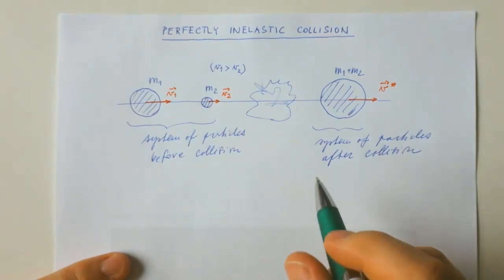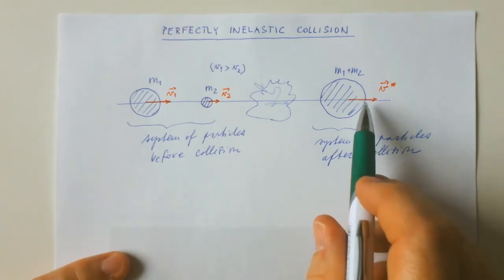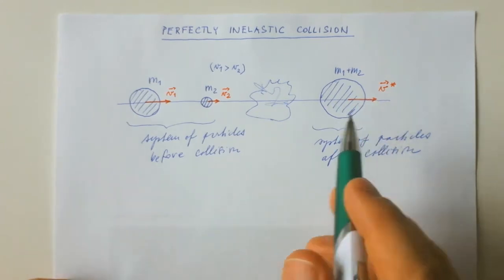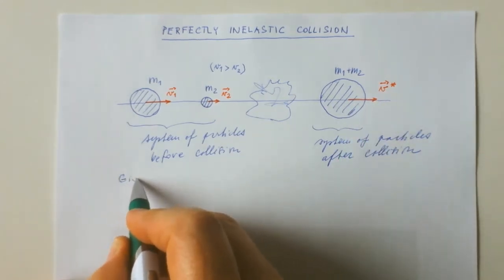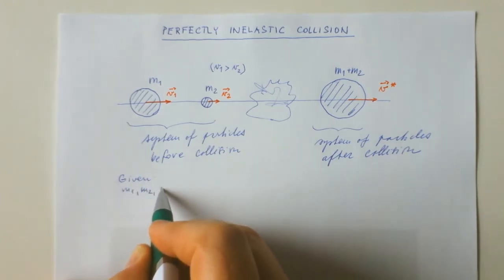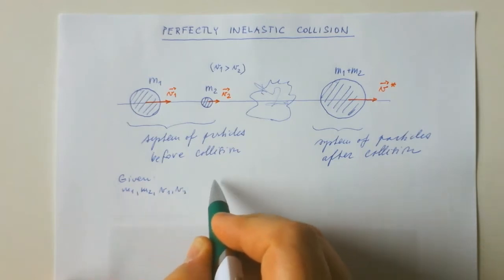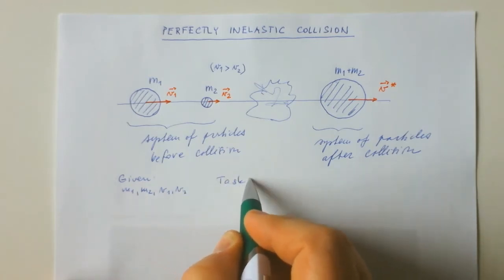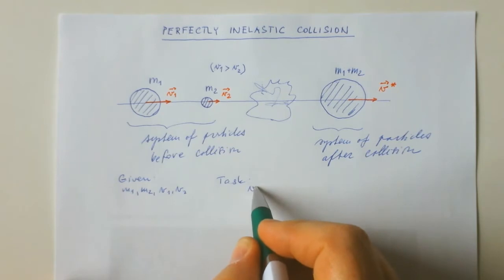Our task is to calculate the final velocity. If we know m1, m2, v1, v2, the task is to find v star.